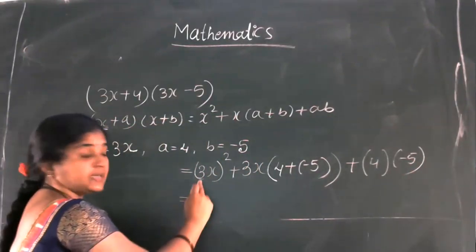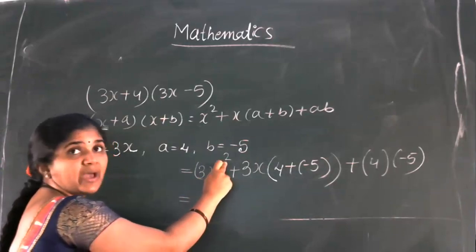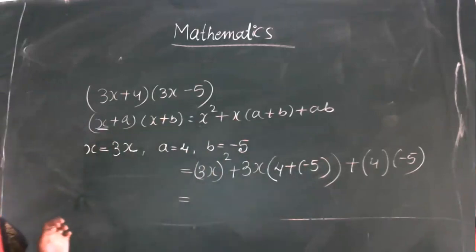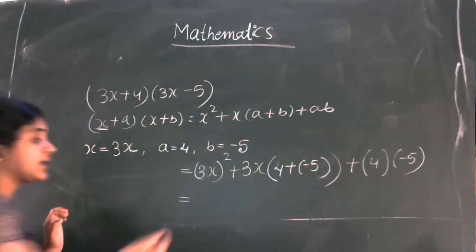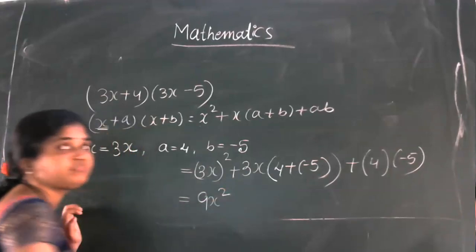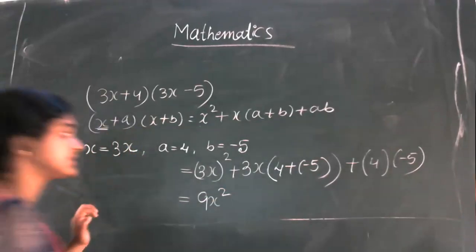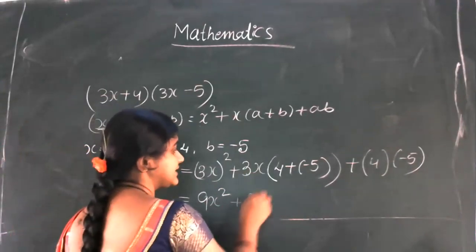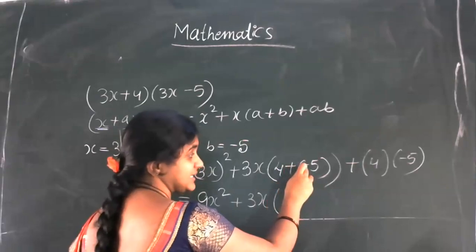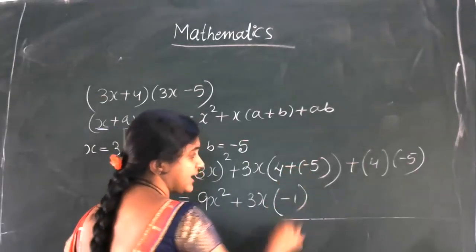Next, very important, 3x whole square. Many students will make the mistake of writing 3x square. 3x whole square in the sense 3x into 3x, that is 9x square, since 3 threes are 9. 9x square plus this 3x as it is. Next, 4 plus into minus is minus, so 4 minus 5 is minus 1.